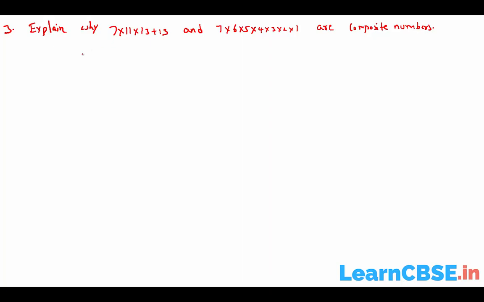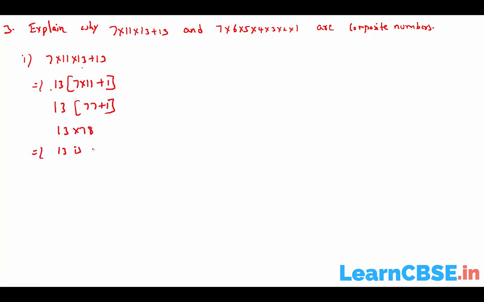Take the first one. 7 into 11 into 13 plus 13. Take 13 common. We are left with 7 into 11 plus 1, because 13 taken common means 13 into (77 plus 1), which gives 13 into 78. That means 13 is a factor of the given expression.